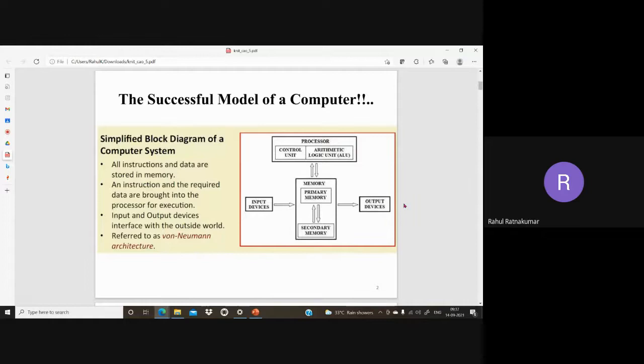These instructions are stored in the memory, as well as, while executing these instructions, I may need some data, maybe some numbers or some images, sound, sensors, signals, whatever. All those also have to be stored in the memory. So this is the stored program concept. The program is stored, and each instruction from the program, one by one, will be executed by the processor, right? You can see here the stored program concept.